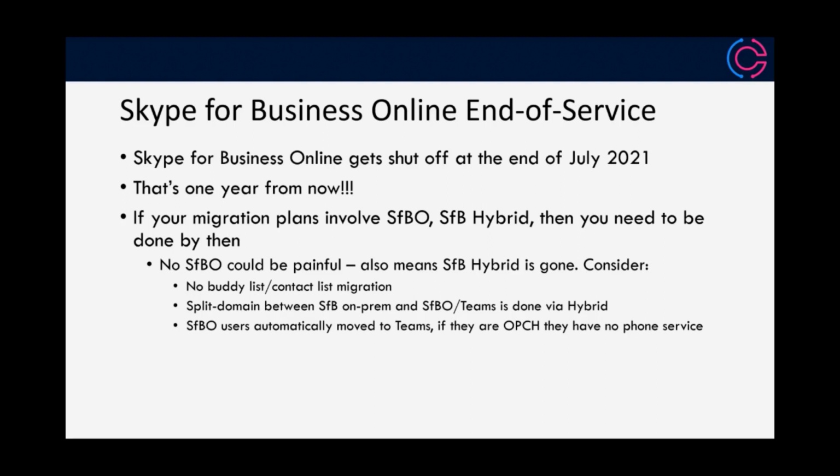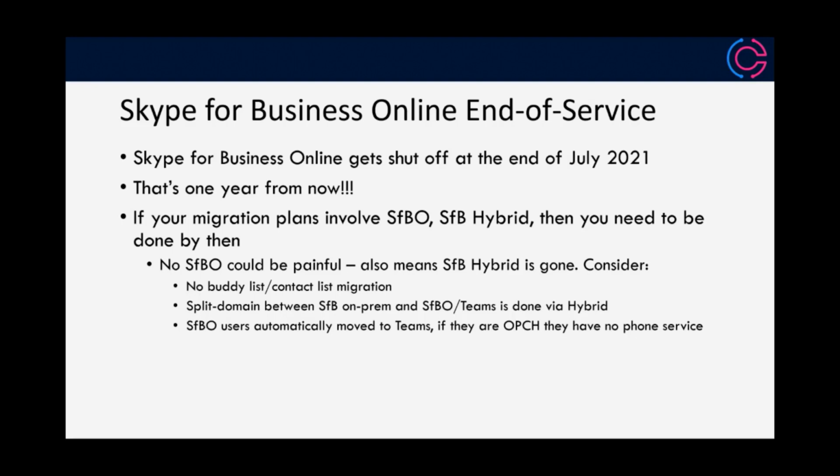So no Skype for Business Online means Skype for Business Hybrid is gone. It means you don't get to move your buddy list or your contact list during a migration. The split domain functionality between Skype for Business on premises and the online world, so using Torren.ca as your SIP address in those two different platforms, is done via the hybrid mechanism, which is gone.